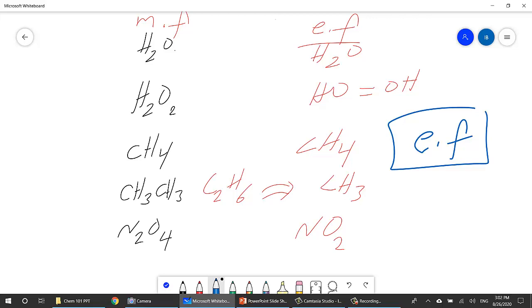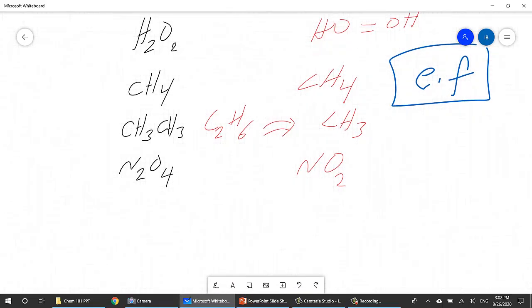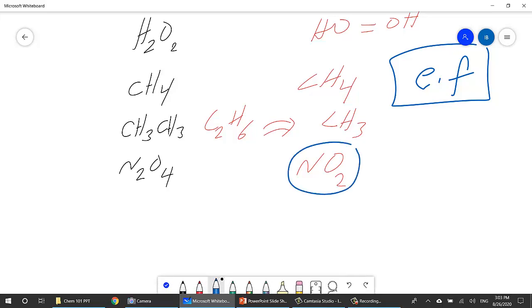The other thing is an empirical formula might represent more than one compound. Take this, for example, NO2. NO2 is the empirical formula for this. It's actually also the empirical formula for a gas called NO2. There is a gas called nitrogen dioxide.